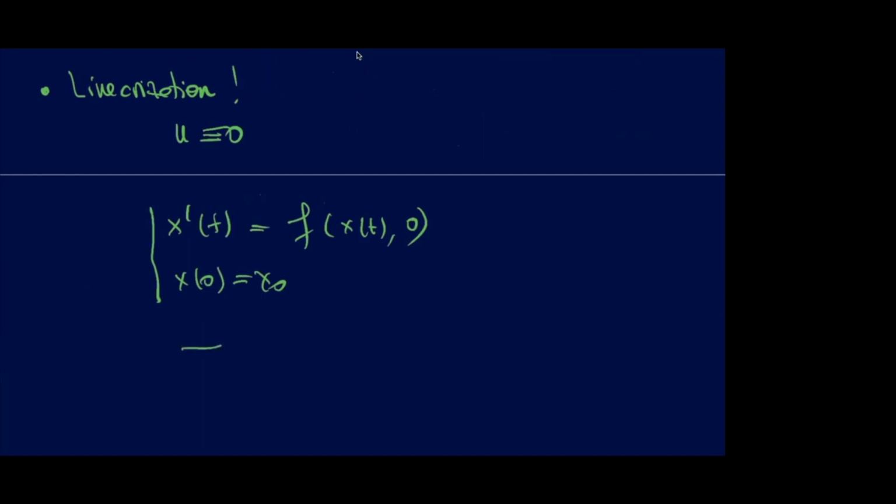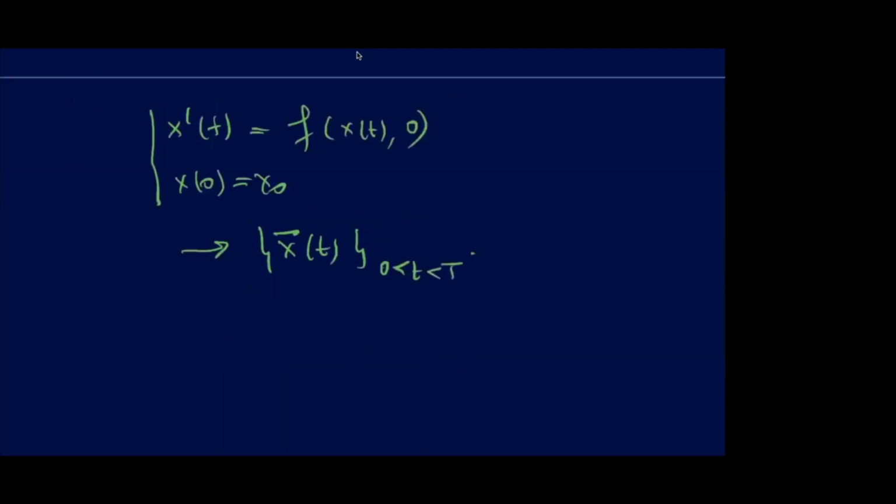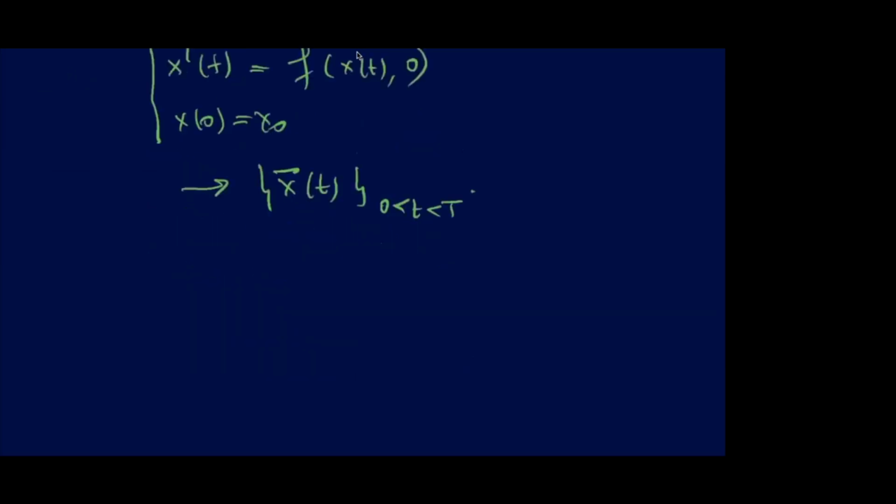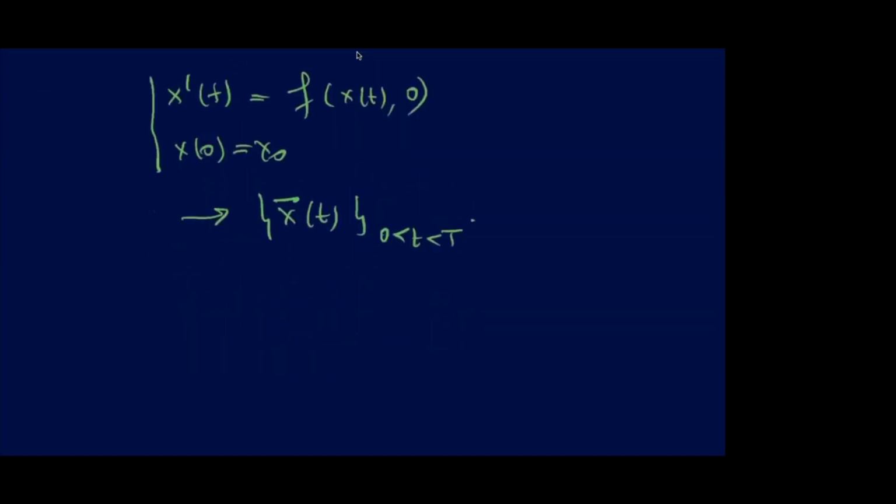This will give me a trajectory that I will call x bar of t. This is just a consequence of the existence and uniqueness of solutions of this ODE. If f is globally Lipschitz, this trajectory exists. Okay, so now basically what you say is that, well, if u is small, right?